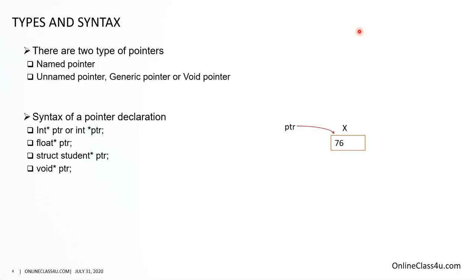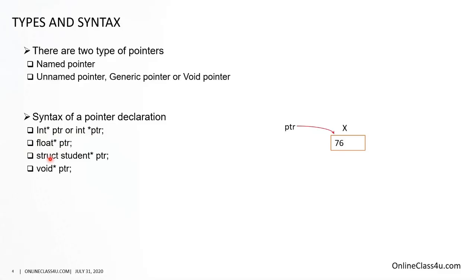Let's discuss the syntax in a C program. If you see the first line, it's int star ptr. Star denotes a pointer. In C language, star can be placed after the data type or before the variable name.